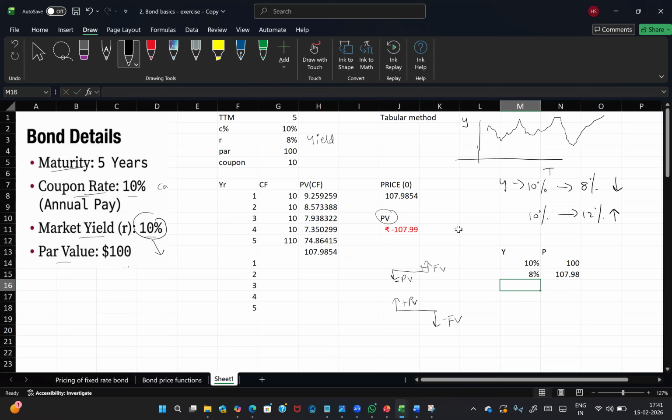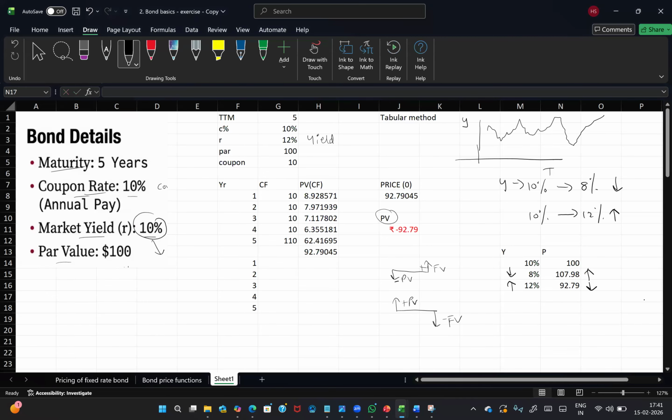And if I make the market rate 12%, then the price of the bond falls to 92.79. Now, this should be intuitive. When I make the yield fall, the price is increasing.